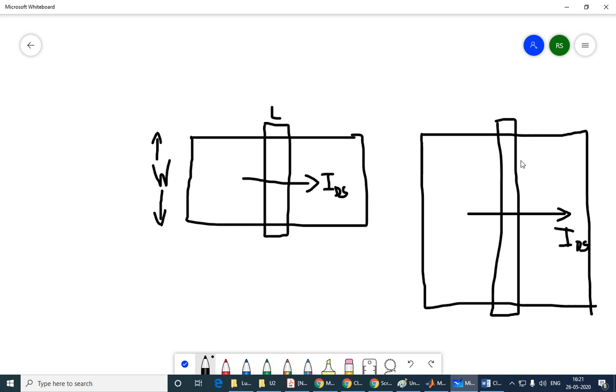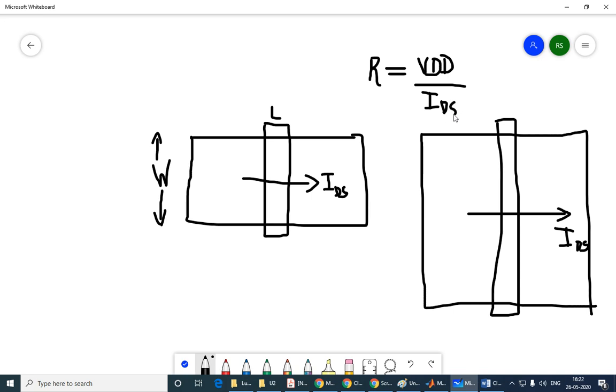Now can you tell me, let's say that here my W by L is some number, and here I have approximately made it double. So the current is going to double, and what is going to happen to the resistance R, which, if I define it as VDD by IDS.